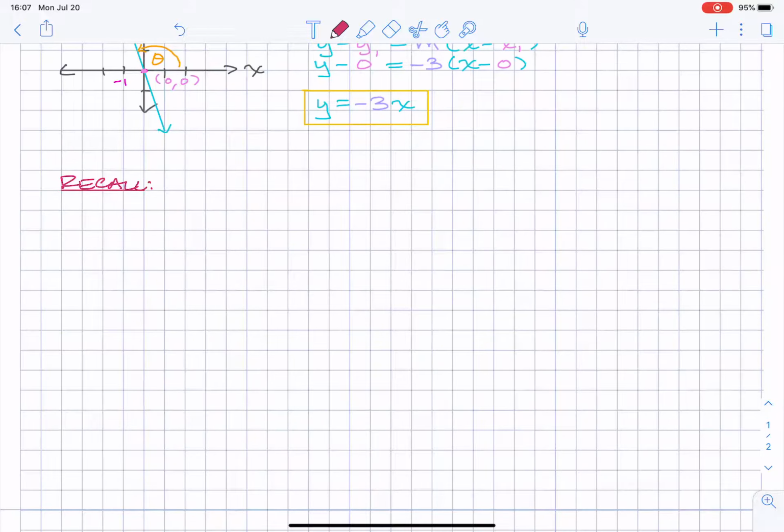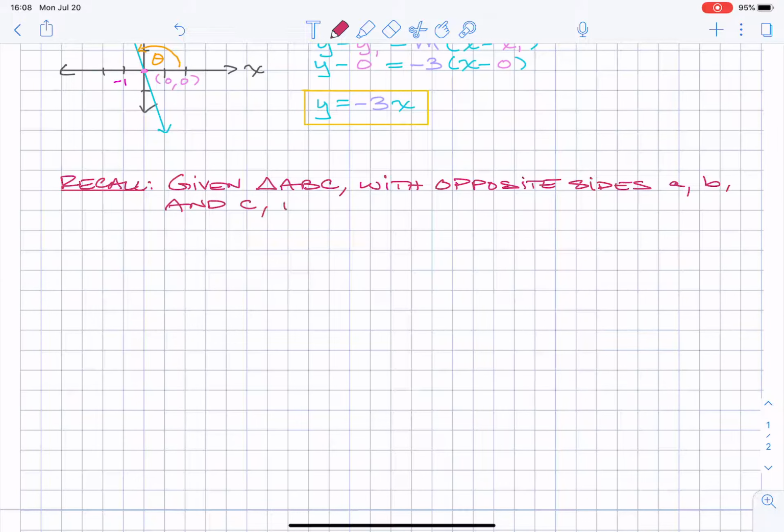So given triangle ABC with opposite sides, little a, little b, and little c, respectively. And I'll draw this in a moment.